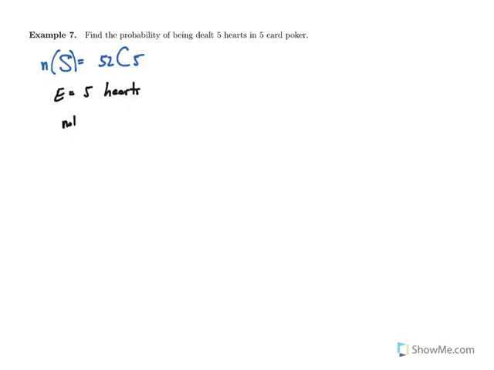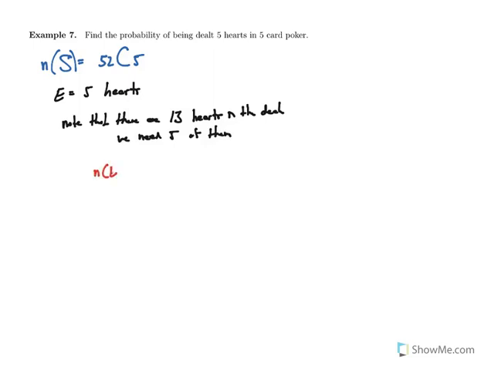So note that there are 13 hearts in the deck, and we need 5 of them.